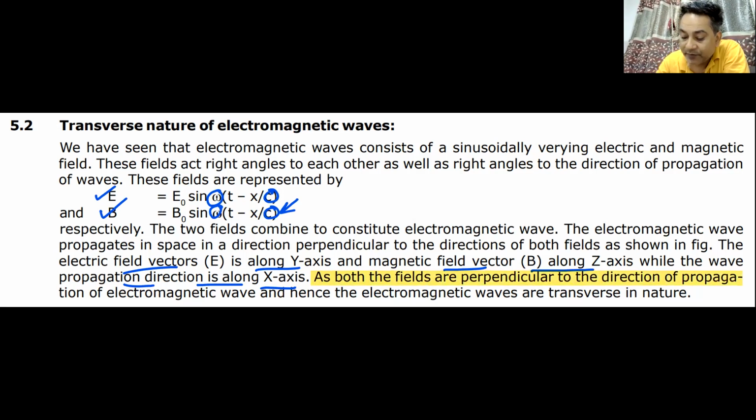Both fields are perpendicular to the direction of the wave, and hence electromagnetic waves are transverse in nature, because the oscillations are perpendicular to the direction of propagation of the wave. Do we understand this? I'll give you a minute to note it down.